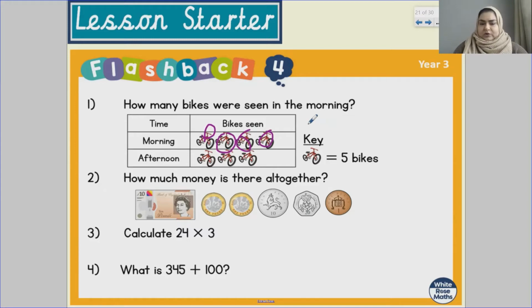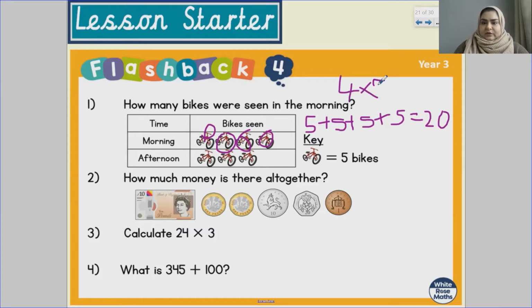If 1 bike equals 5, it should have been repeated addition, so 5 plus 5 plus 5 plus 5, which gives you 20. Or you could have done 4, because there's 4 bikes and 1 bike equals 5, so 4 times 5, which gives you 20.